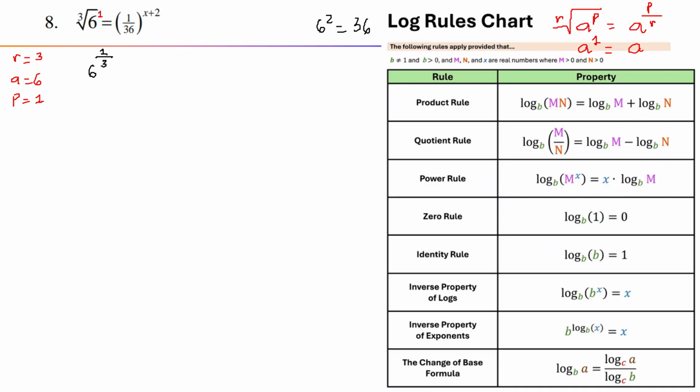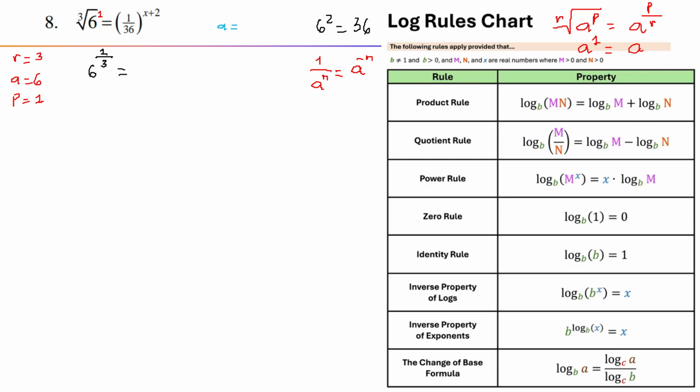Now set it equal. On the right hand side, we also have another formula that says if we have 1 over a to the power of n, you flip it, and you have a to the power of negative n. Let's write down in different colors.